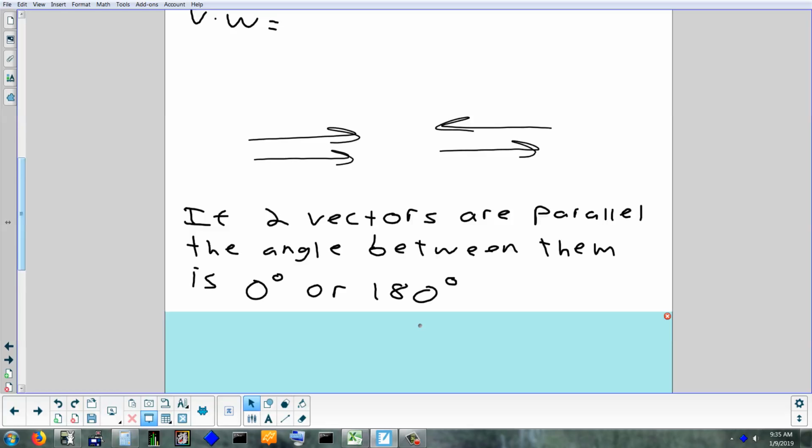If you took this vector and moved it down here, there's a 180-degree angle. And if you took this vector and just put it on top of the other one, that's a 0-degree angle. So 2 vectors that are 0 degrees or 180 degrees are parallel.